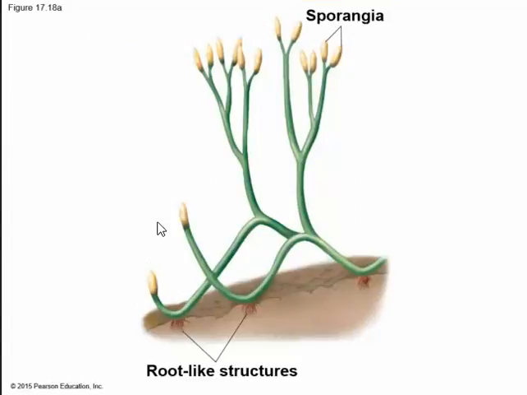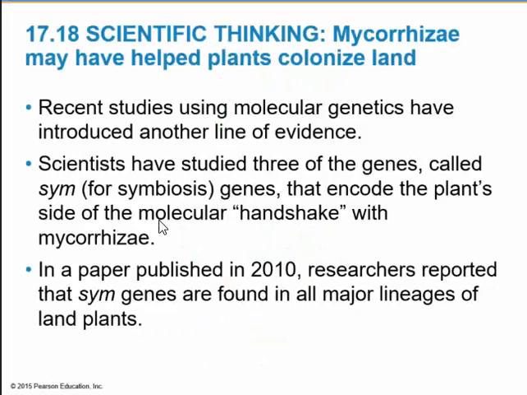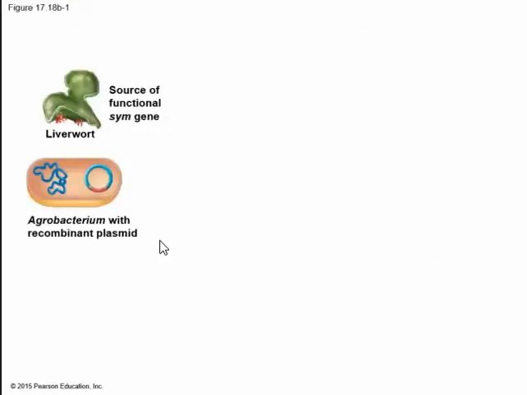And molecular genetics. There is a gene that encodes the plant's part of the relationship. And these genes have been found in all major groups of plants. All right, let's look at the prediction that some genes have changed little over time.